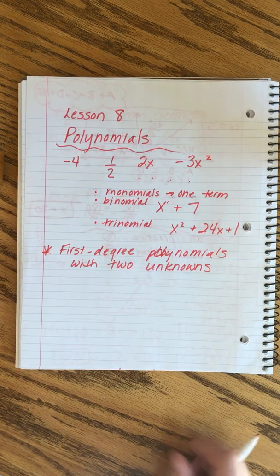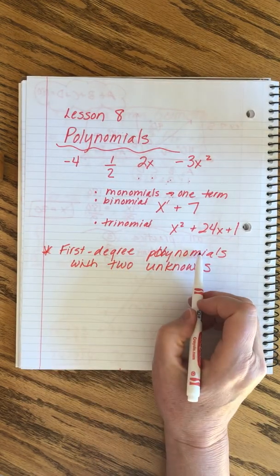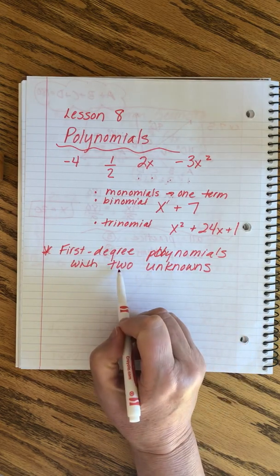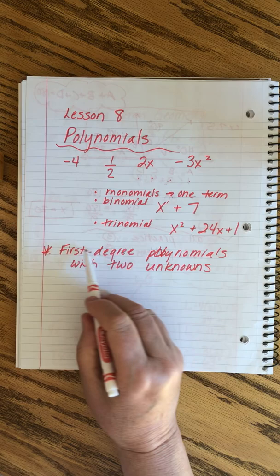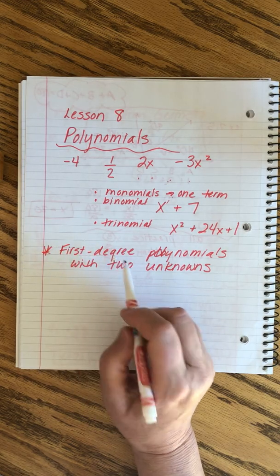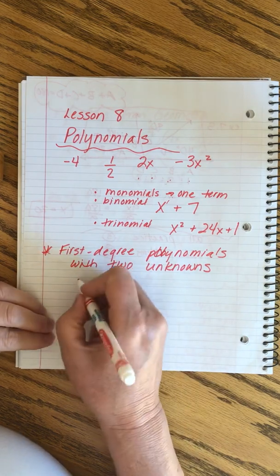When we graph first degree polynomials with 2 unknowns, so that means they have an x and a y, but nothing squared, they're just plain x and plain y, they create a straight line.